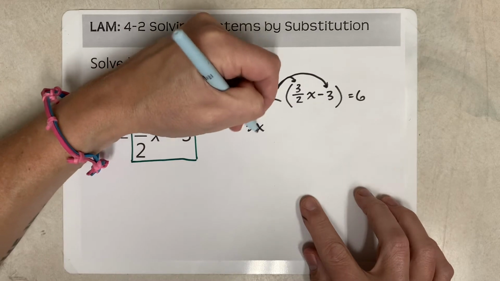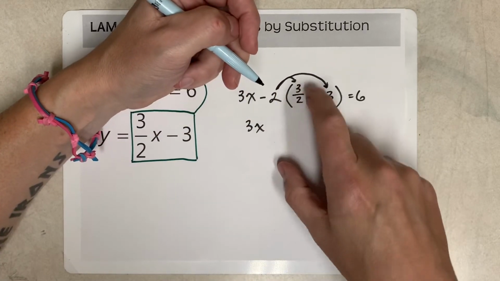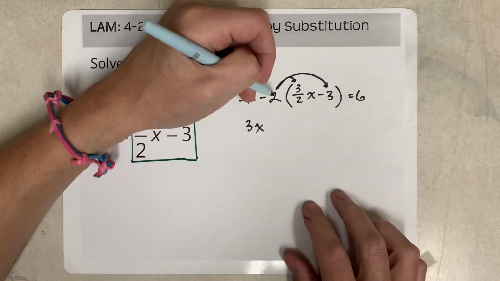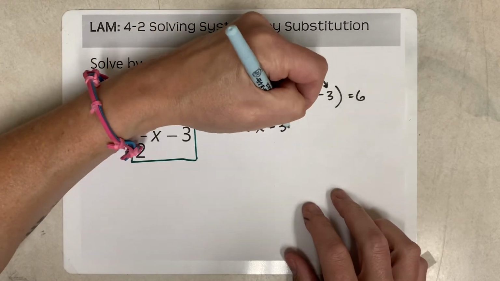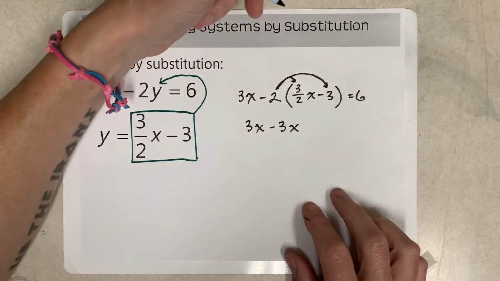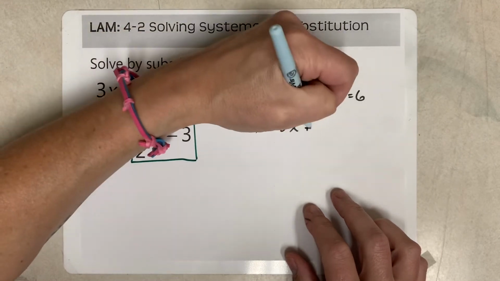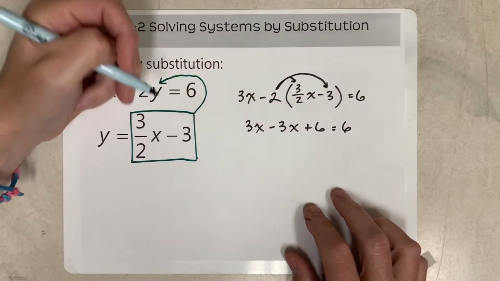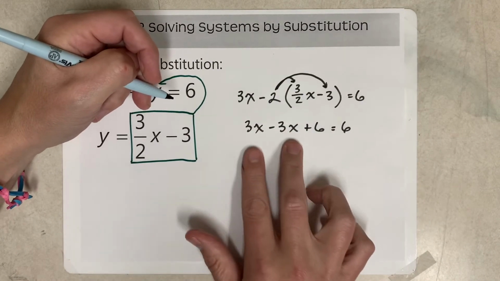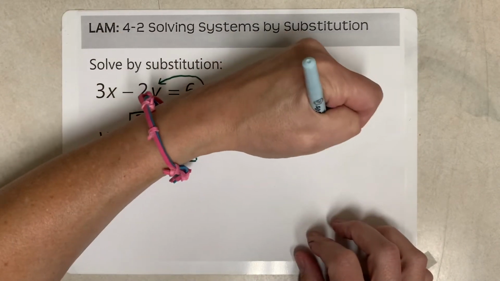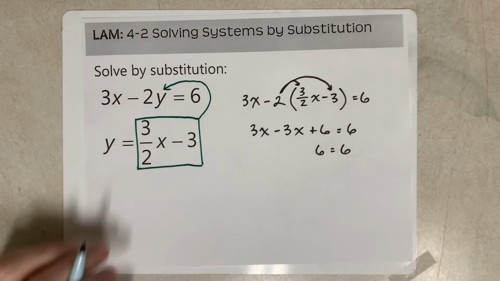We have 3x, negative 2 times 3 over 2x is really going to be a negative 3x. Negative 2 times negative 3 is positive 6. So plus 6 is equal to 6. 3x minus 3x is 0. So we wind up with 6 is equal to 6, which is a true statement.